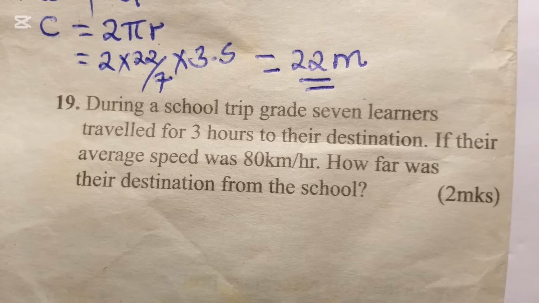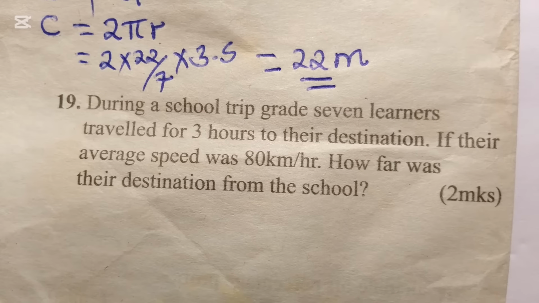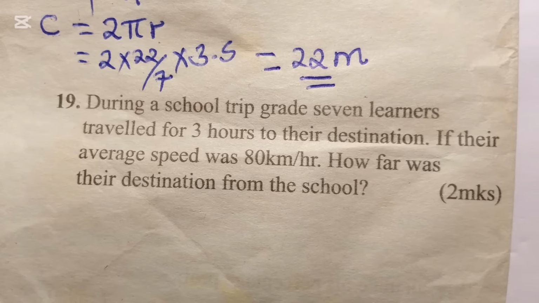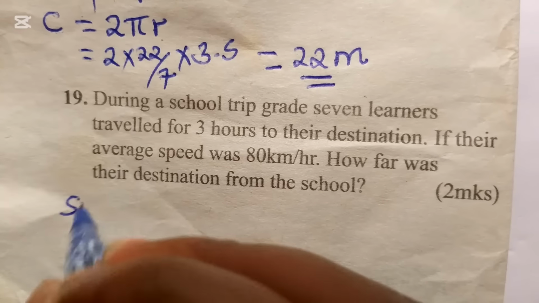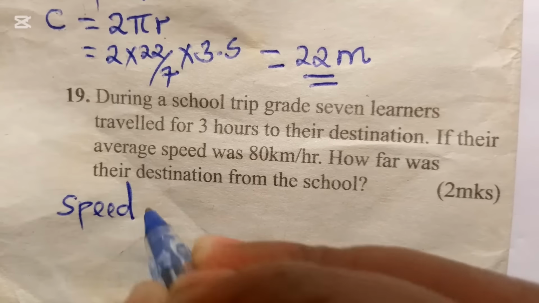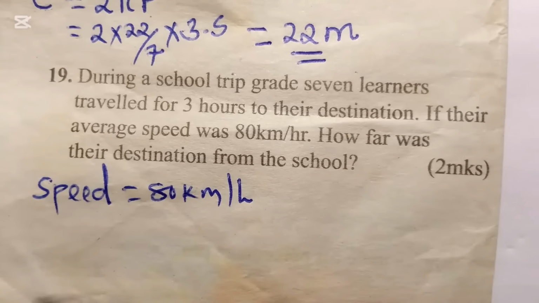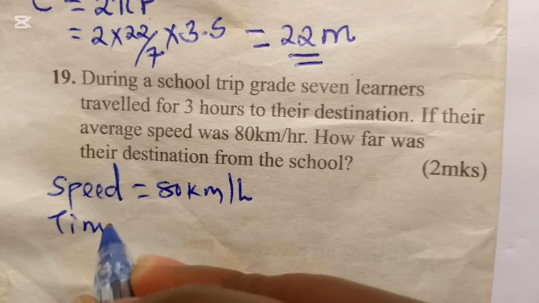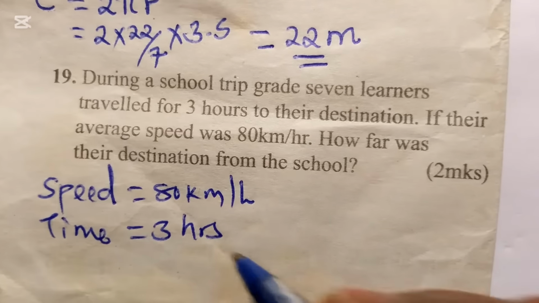So in this case, we are given time, and we are also given speed. The speed is given as 80 kilometers per hour, and the time is given as 3 hours.